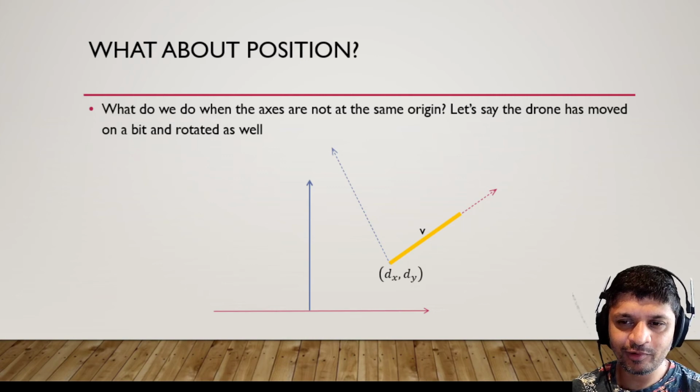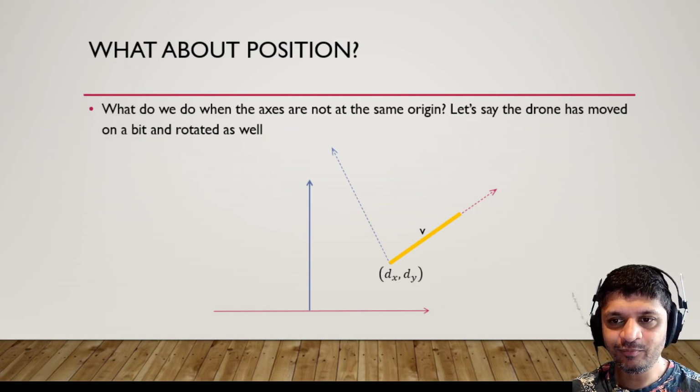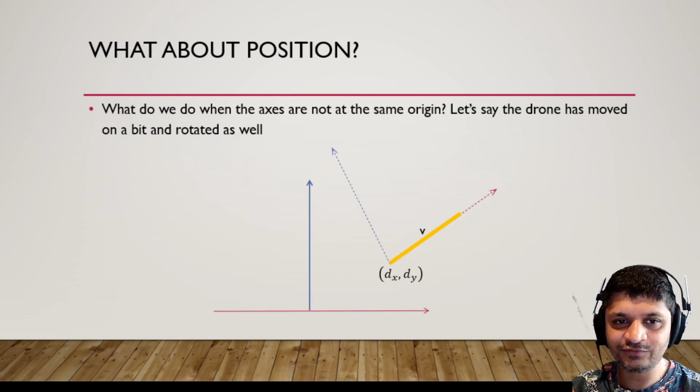There's also a problem in that axes can also be offset. What I mean by this is that the origin of the axes is not necessarily on top of each other. You remember the diagram we had earlier? We had this robot axis on top of the world axis, right? The origin was at the same point. But what happens when the drone moves?